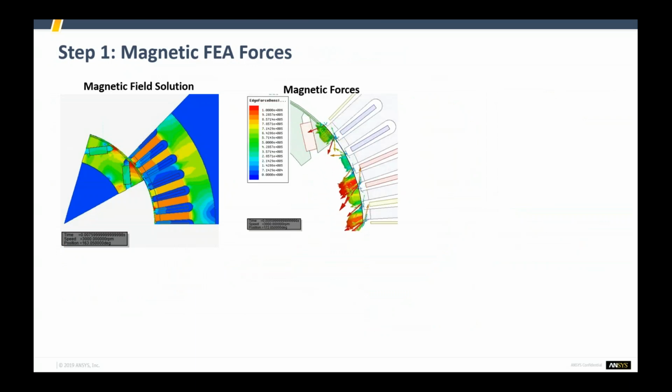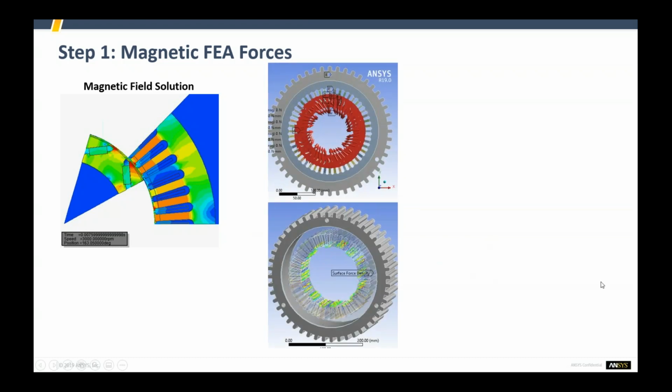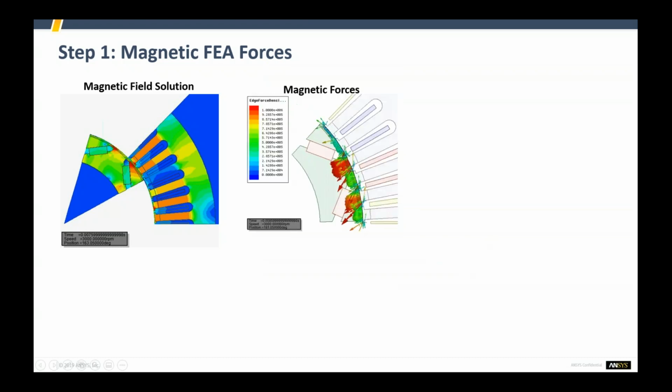So for the magnetic FEA forces, the first step can be used to calculate magnetic forces. We've been talking about this. These can be regular forces on each of the discrete stator teeth, or these can be due to high frequency drive switching, or these could be due to unbalanced magnetic pull.